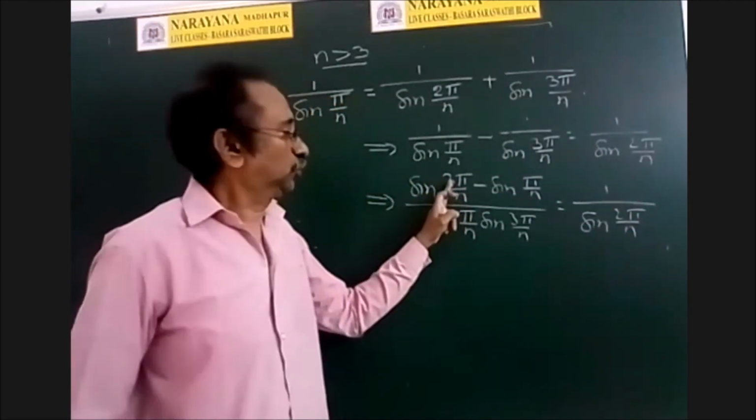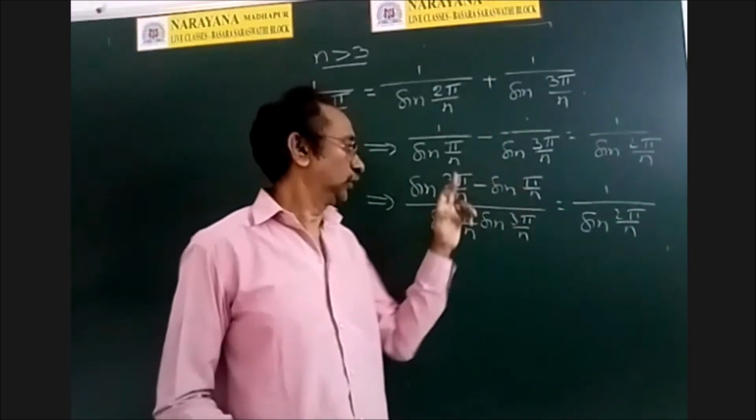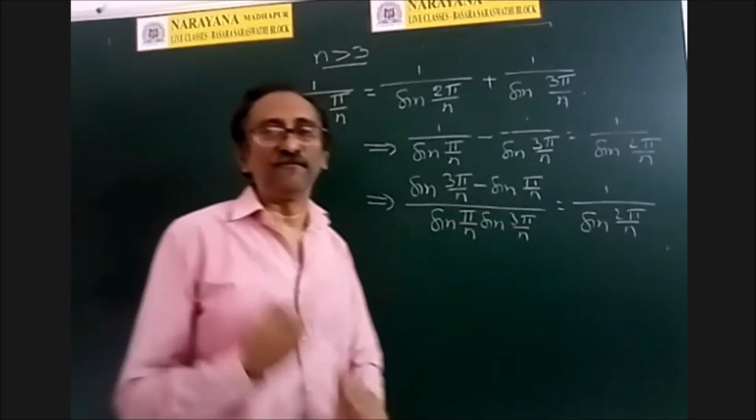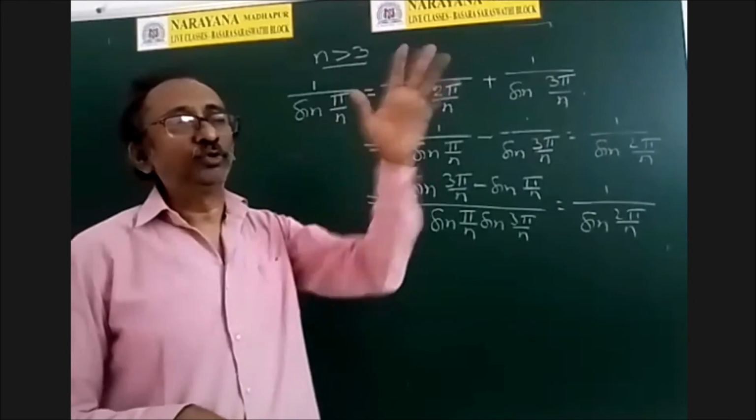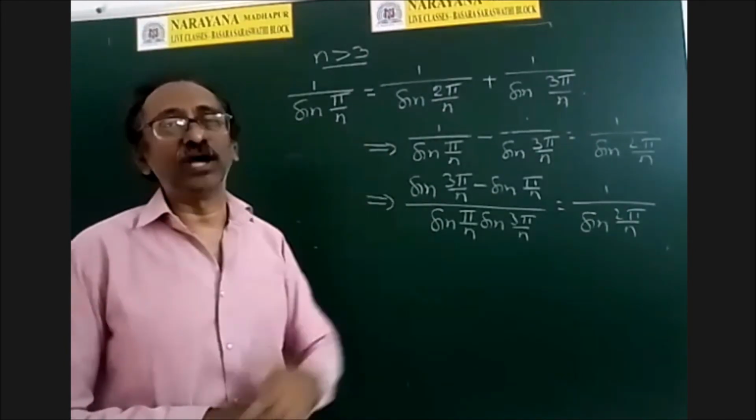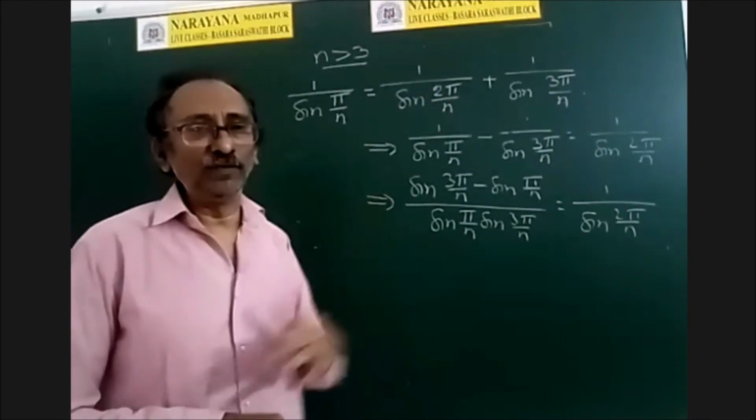Here, there are two odd numbers. Therefore, using sin c minus sin d is comfortable. Odd plus odd is even, so if you write by 2, 2 will be cancelled. Odd minus odd is even, by 2, 2 will be cancelled.